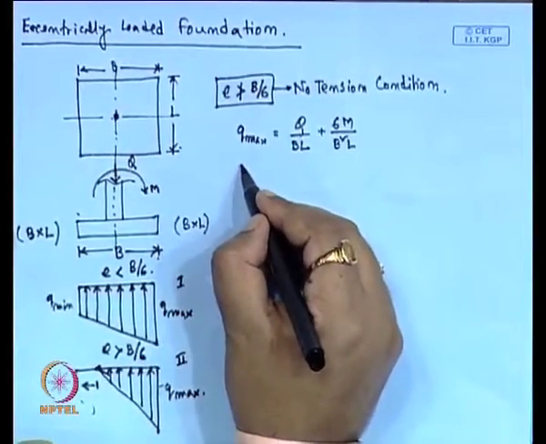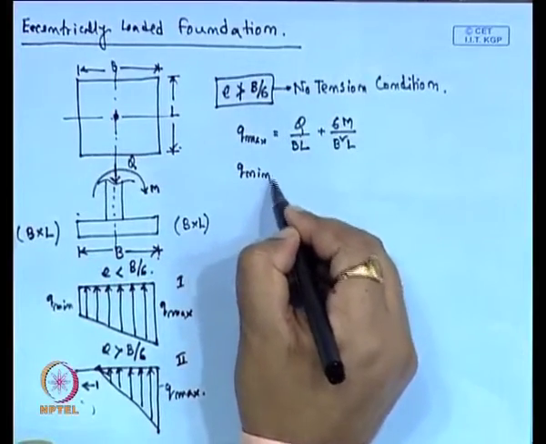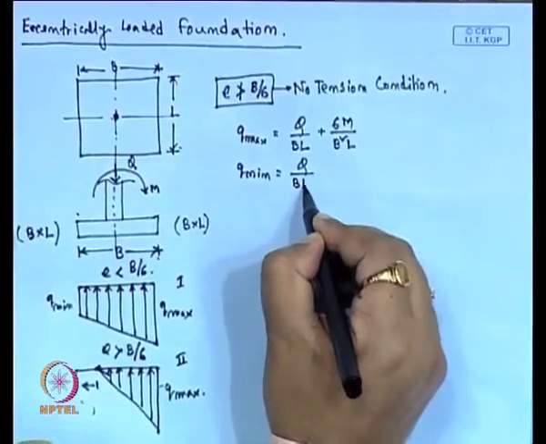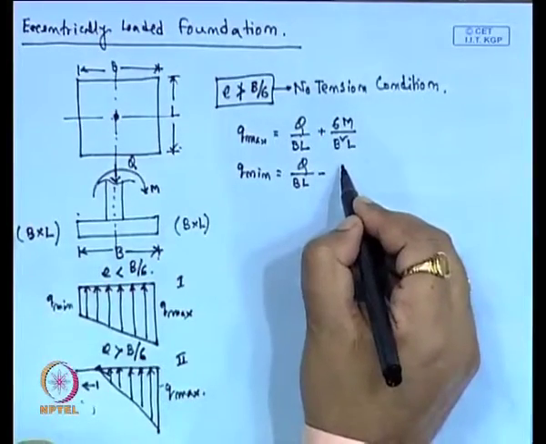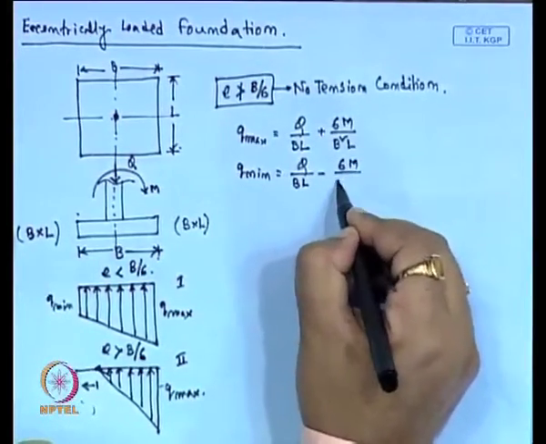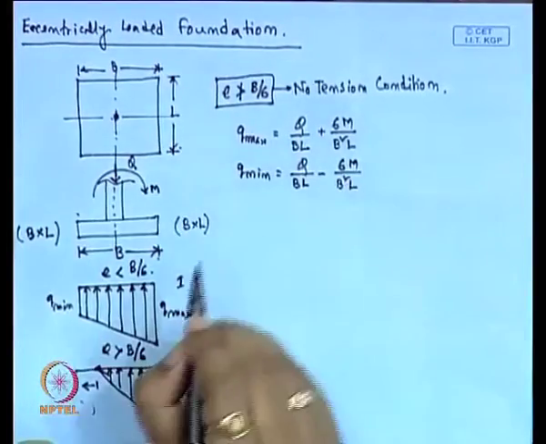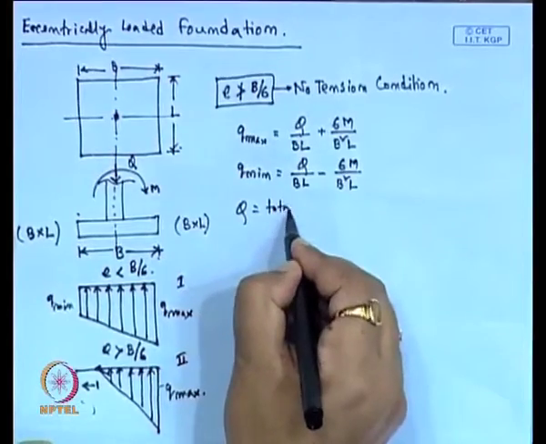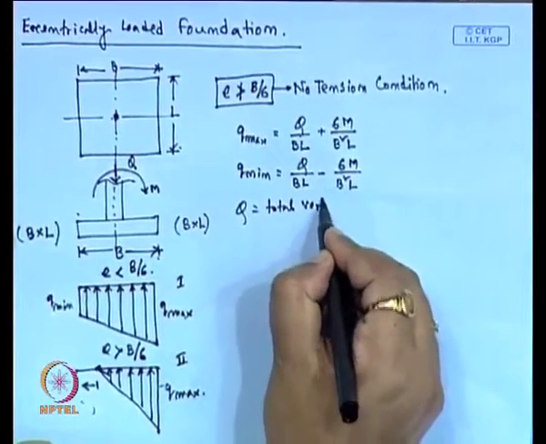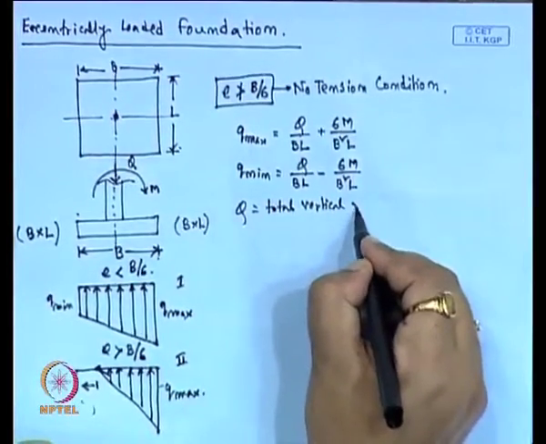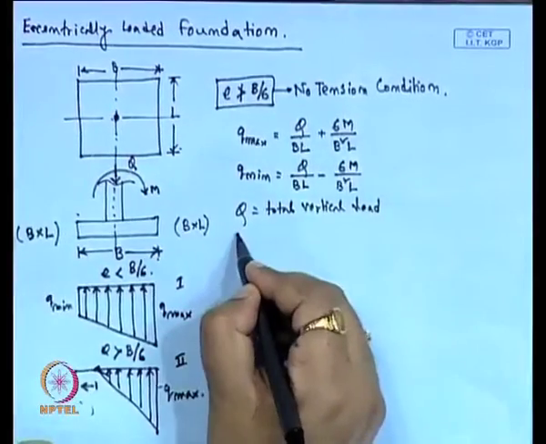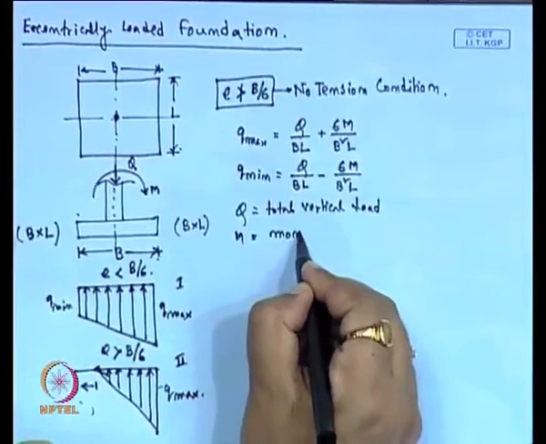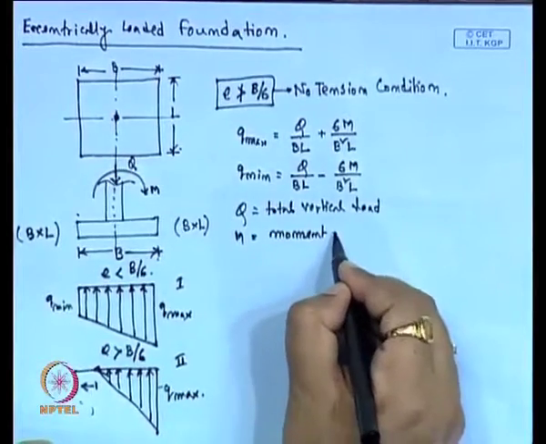Similarly, q min is Q divided by B L minus 6 M divided by B square L. Here Q is the total vertical load and M is the moment on the foundation.